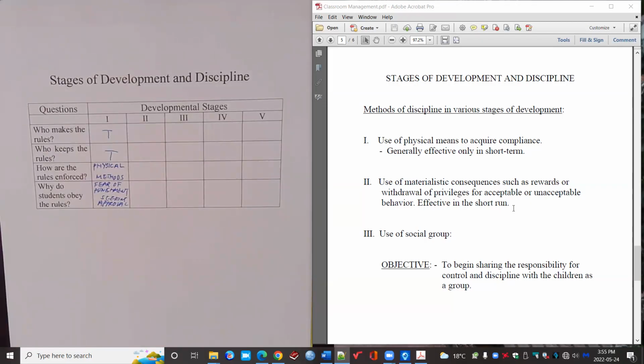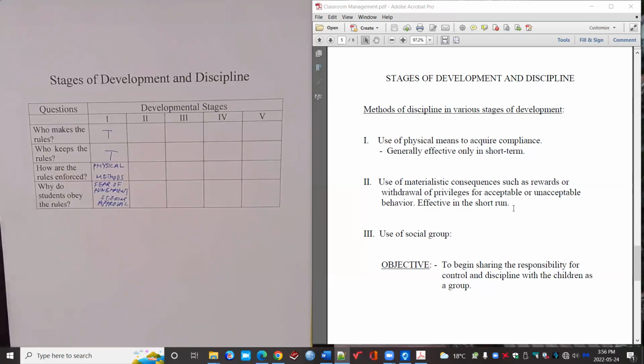Generally, this is effective in the short term, while the reinforcers are in effect, either positive or negative reinforcers. Now, positive reinforcers like what? Praise, positive teacher comments, right? And so on.